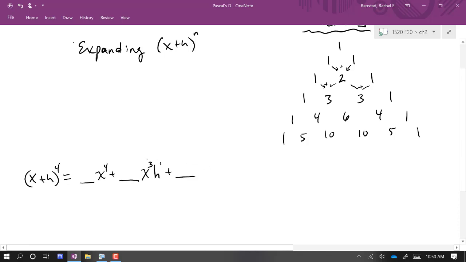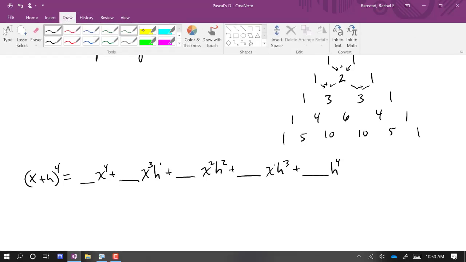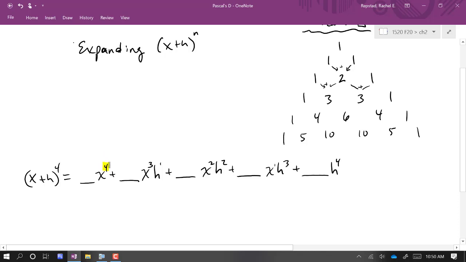And now the powers of x are going to keep decreasing as the powers of h increase. So we have x squared, h squared, x to the 1st, h cubed, and then our last term is just all h's, h to the 4th. Note that in every term, these exponents always add up to 4.